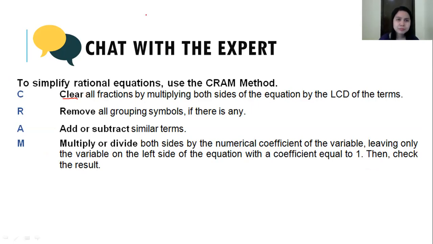Example, 1/4 plus 1/3 equals 1/x. So the first step is to clear, C, to clear all the fractions. And how do we do that? We multiply it by its LCD, 12x.